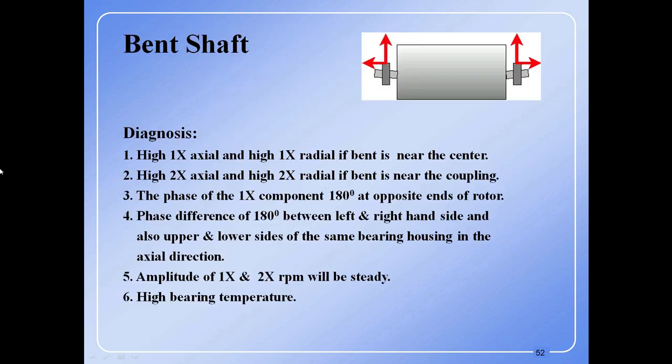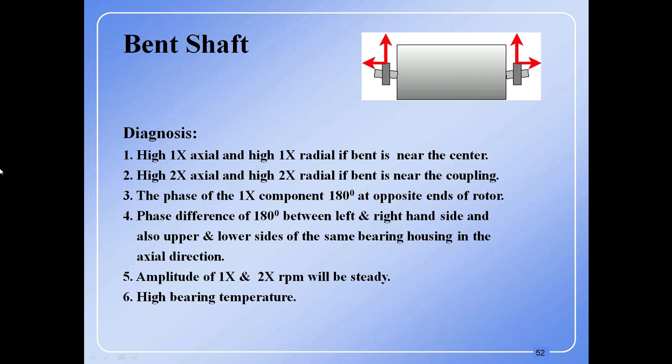Bent shaft. Diagnosis: high 1x axial and high 1x radial if the bend is near the center. High 2x axial and high 2x radial if the bend is near the coupling. Third point, the phase of the 1x component is 180 degrees at the opposite ends of the rotor.